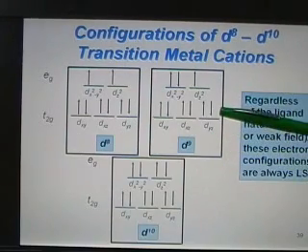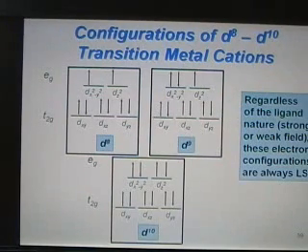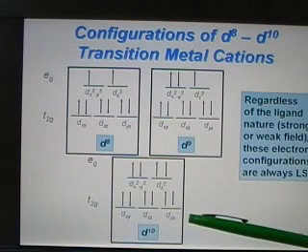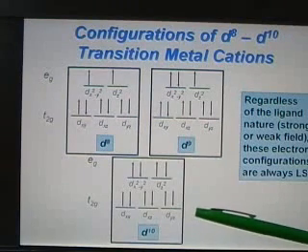D9 has all 6 electrons in the T2G set paired up and 1 pair in the EG set. There's 1 unpaired electron left, so D9 has 1 unpaired electron in a low spin electron configuration. And D10, all 5 orbitals have 2 electrons in it, leaving 0 unpaired electrons.